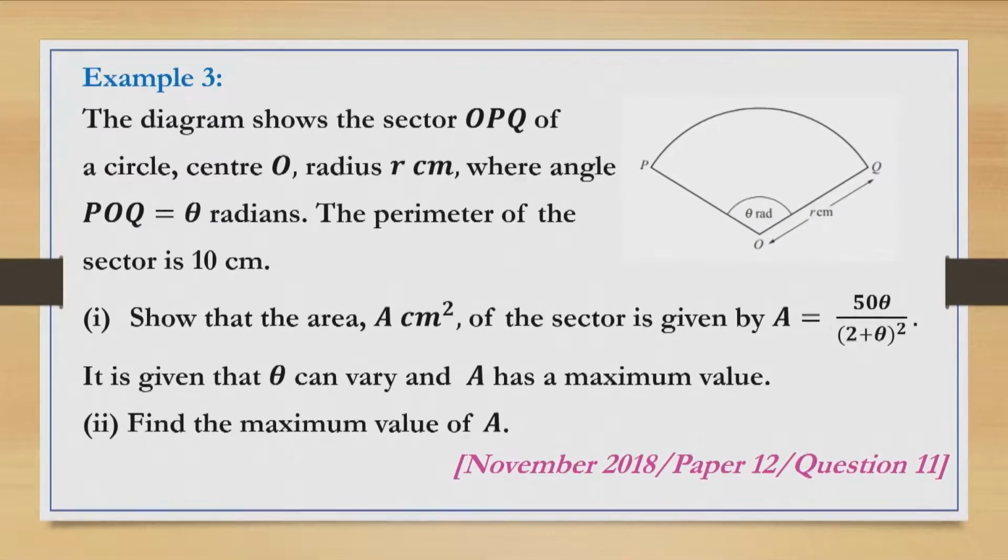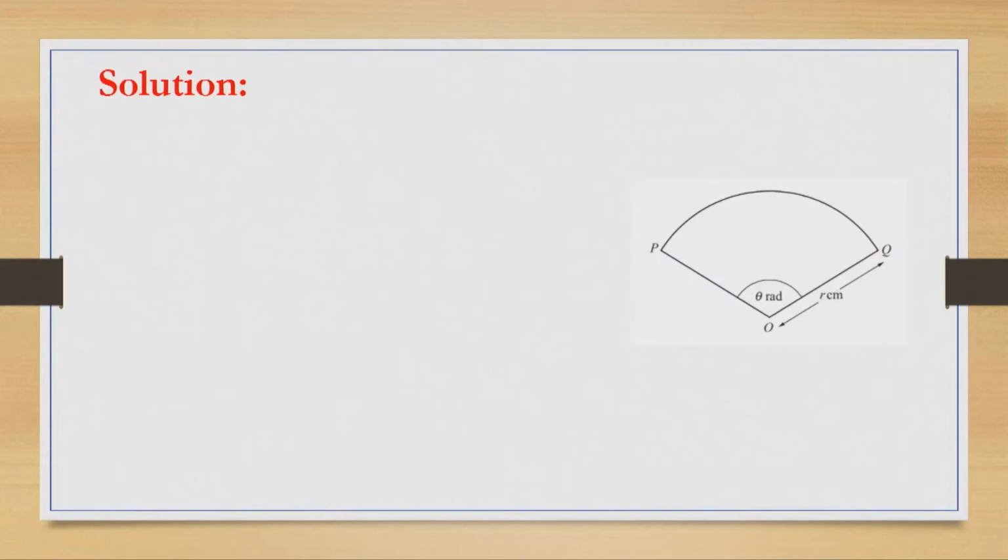So here, you have been given the perimeter of the sector as 10. And if you look in the first part, you will see that there is no R in the expression for A. So this is going to give you an indication that you have to make R subject of formula. So let us start.